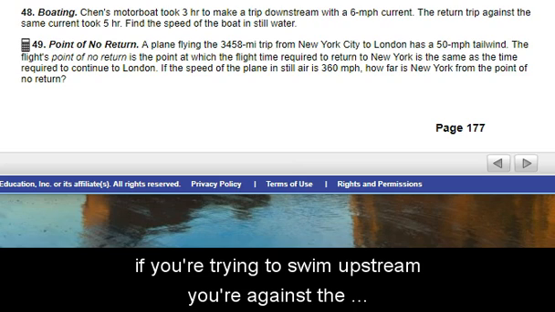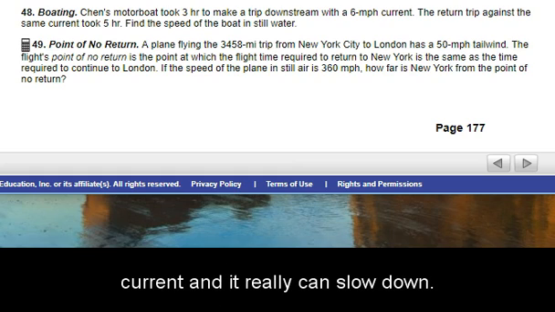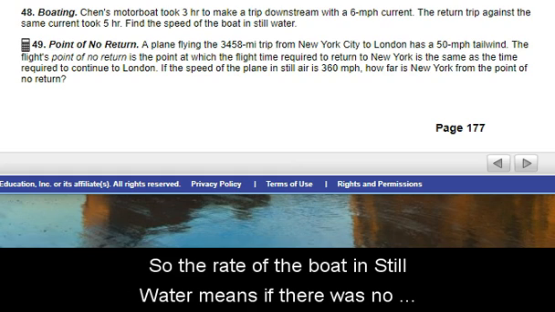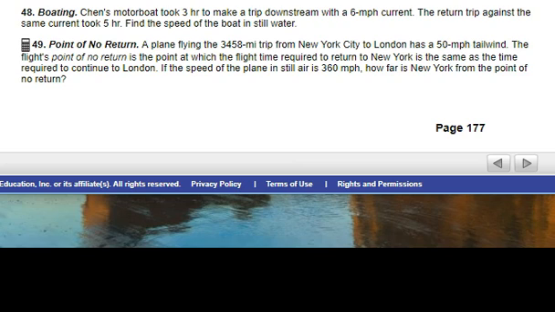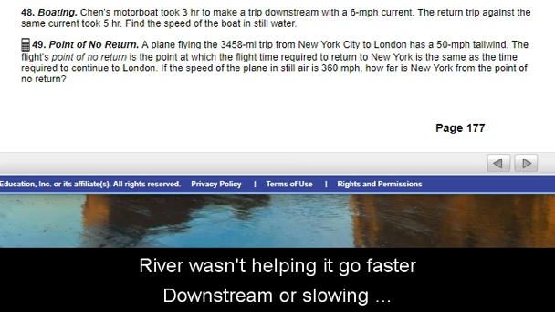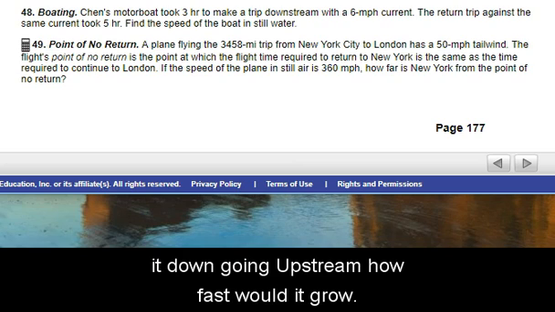On the other hand, if you're trying to swim upstream, you're against the current and it really can slow you down. So the rate of the boat in still water means if there was no current of the river, how fast could the boat go? If the river wasn't helping it go faster downstream or slowing it down going upstream, how fast would it go?